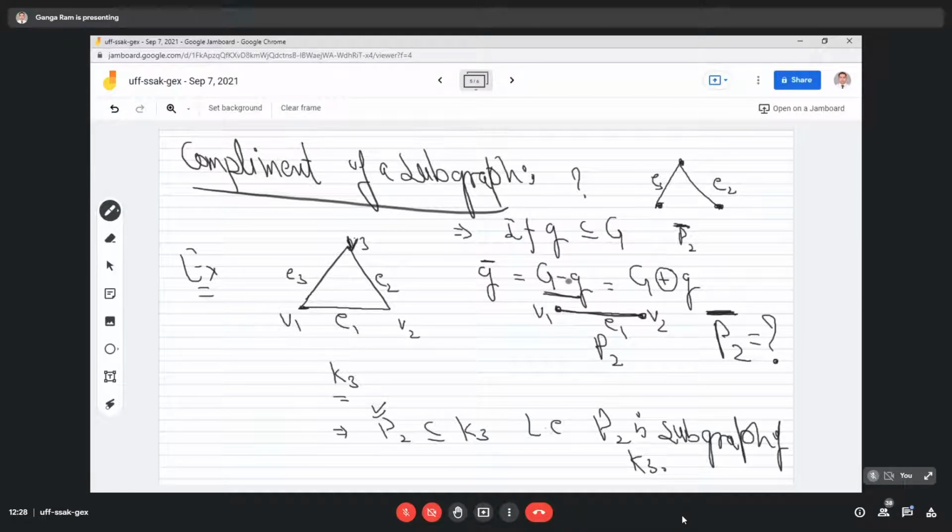This notation is the deletion of edges from G. Got it? And this notation is nothing but the ring sum of g and capital G. And also you can verify this concept taking these two examples and any others. Okay?